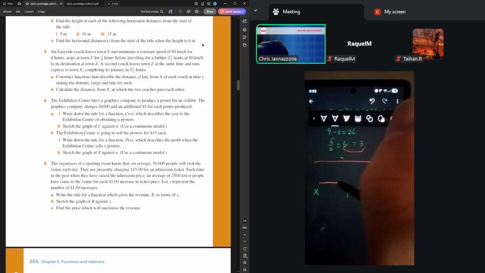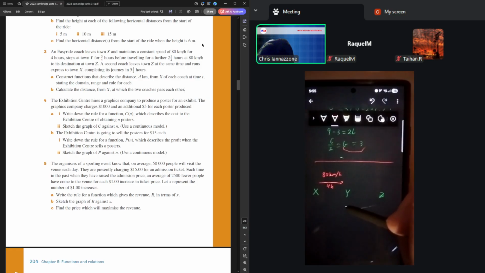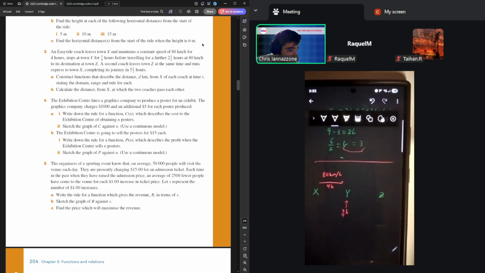So let's do that. 80 km per hour, 4 hours. Stops at town Y for 3/4 of an hour. So 3/4 of an hour is there. 2.5 hours at 80 kilometers to Z.